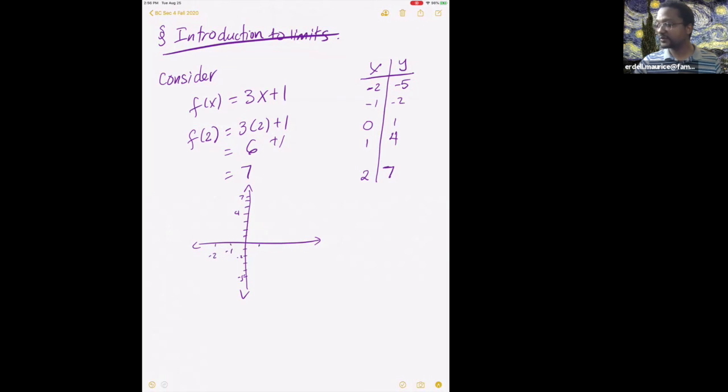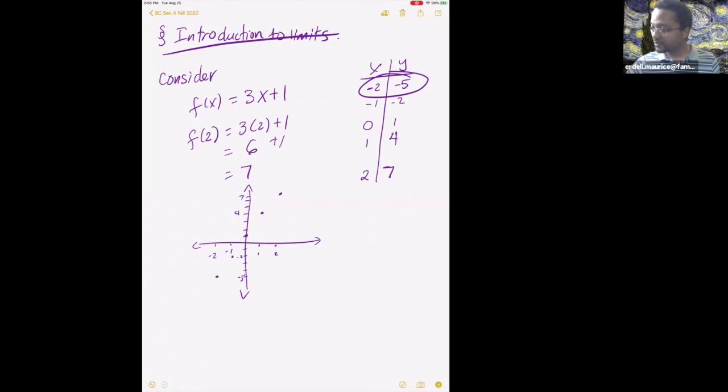You remember how to do this, right? That's a rhetorical question. So at -2, -5, that point right here is my first point. Then -1, -2, then 0, 1, then 1, 4, and then 2, 7.